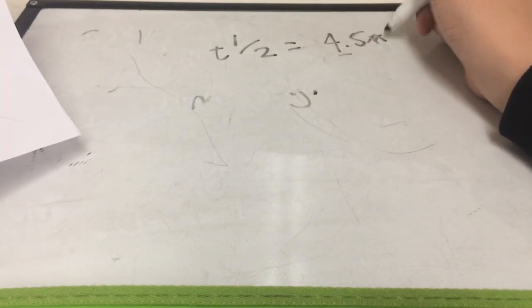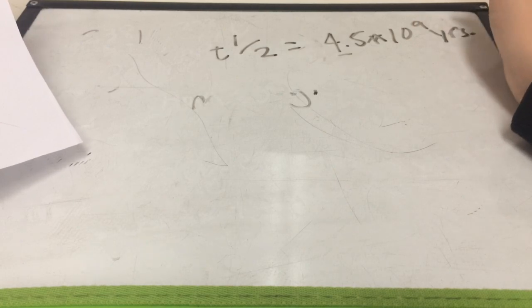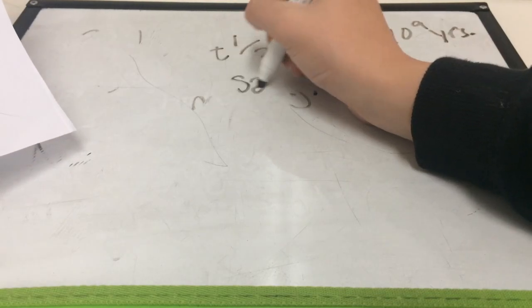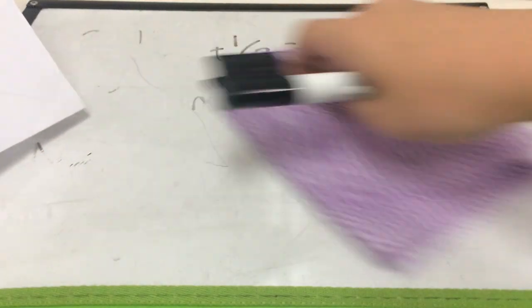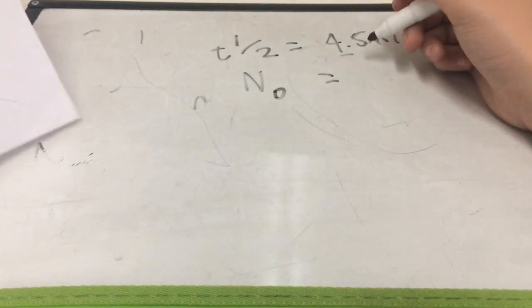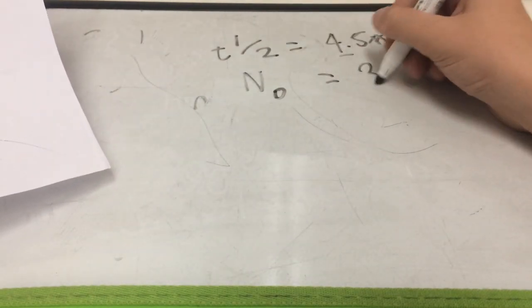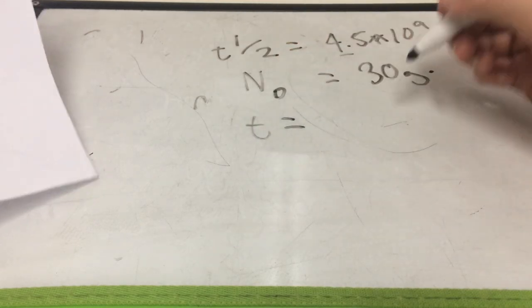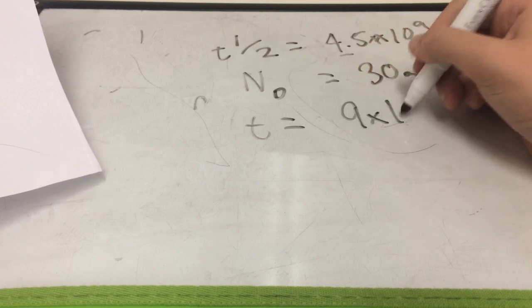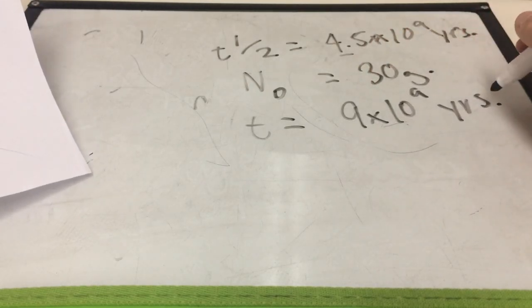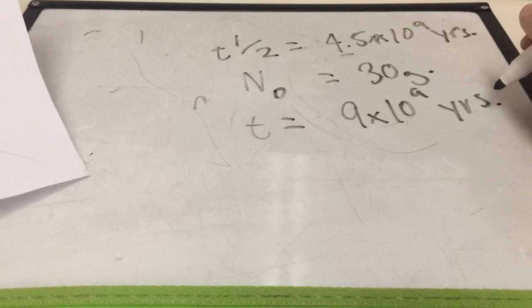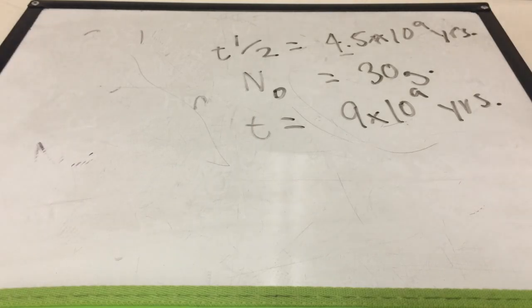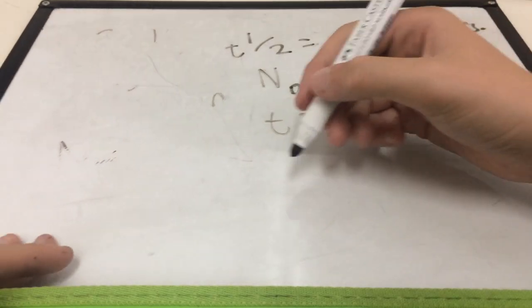Half-life is 4.5 billion years. Our sample size, our initial amount, is 30 grams. The time it wants is 9 billion years. And that was it, wasn't it? Let me read the question again. Yep, that's it.